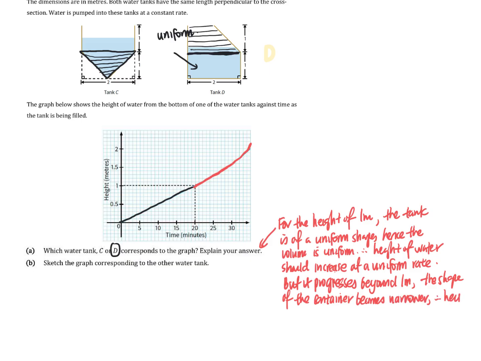Therefore, height of water should increase at an increasing rate.